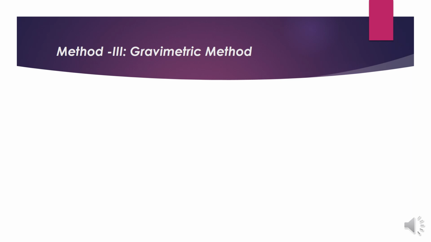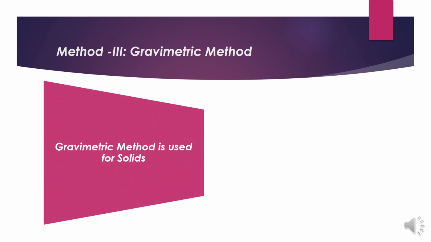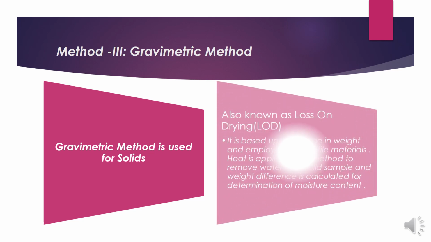So the next method is the gravimetric method. Basically, this method is used for determination of moisture content in a solid. So that's why I said this method is used for solid samples. This method is also known as loss on drying, or LOD. It is based upon change in weight and employed for volatile material.